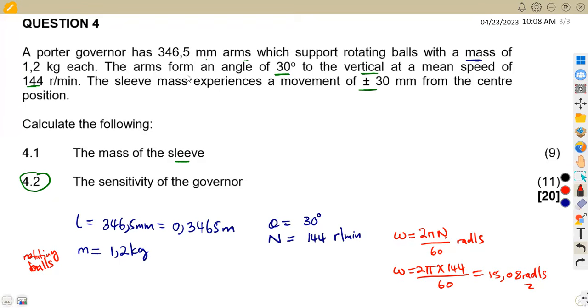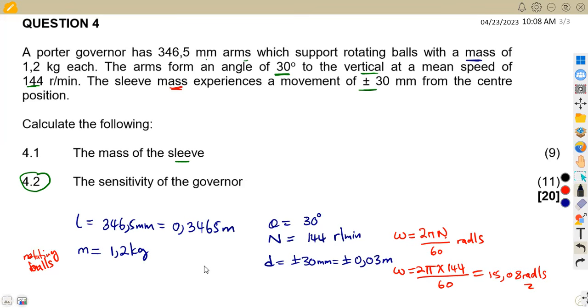Also, we are given the movement of the sleeve mass. It experiences a movement of plus or minus 30 millimeters. I just represent it as d, plus or minus 30 millimeters, and in meters, if you divide by 1,000, that's plus or minus 0.03 meters.